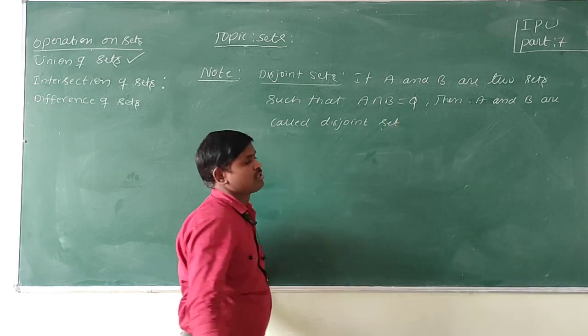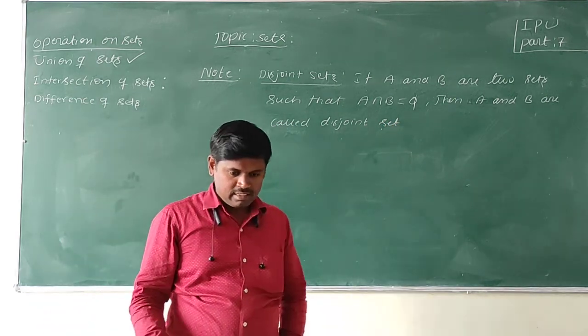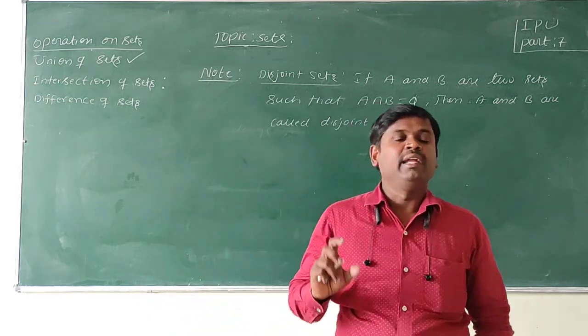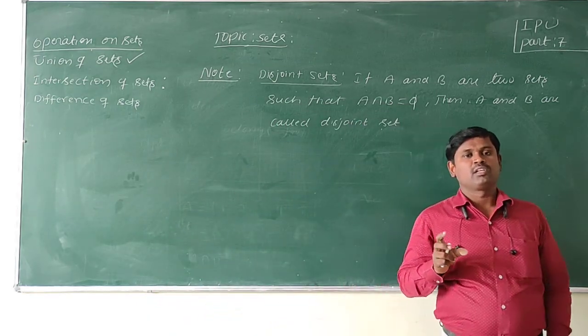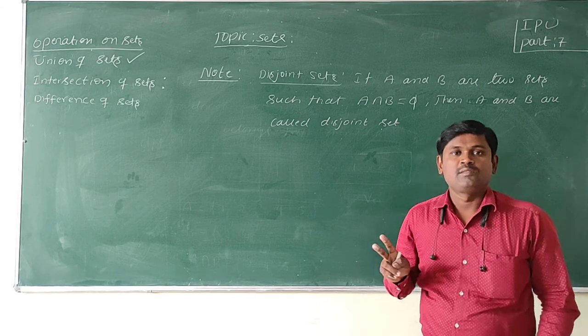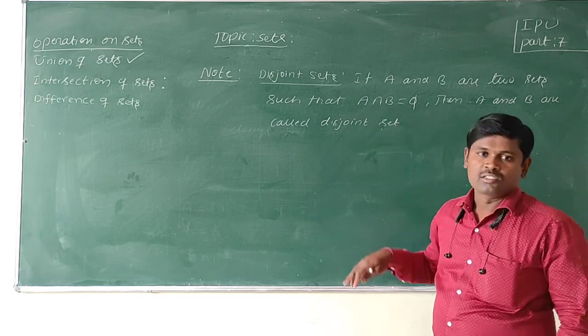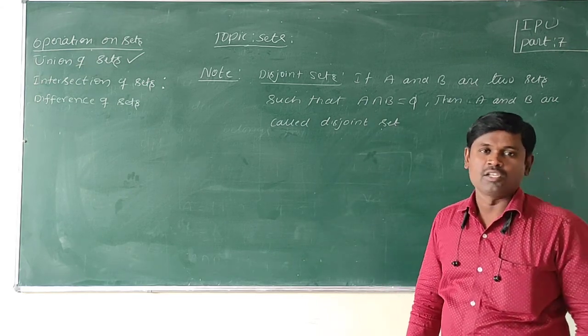So disjoint sets means the intersection of the two sets becomes the null set. So they are called disjoint sets.